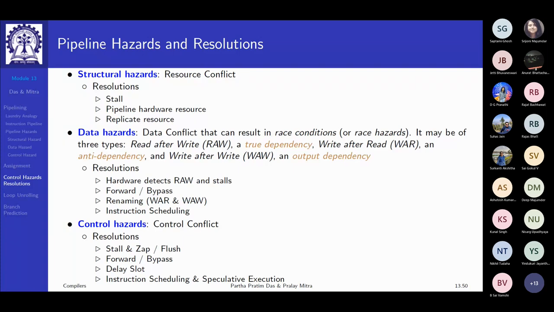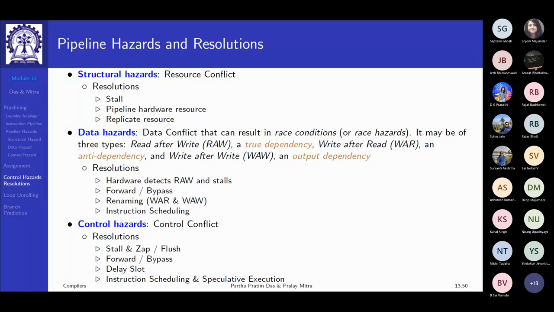A delay slot could be of one cycle or of multiple cycles, which says that when the branch instruction is actually executing, instead of totally stalling, you always execute the instruction immediately after that, irrespective of the outcome of the branch. So naturally, it has to be an instruction which is not dependent on the decision of the branching.